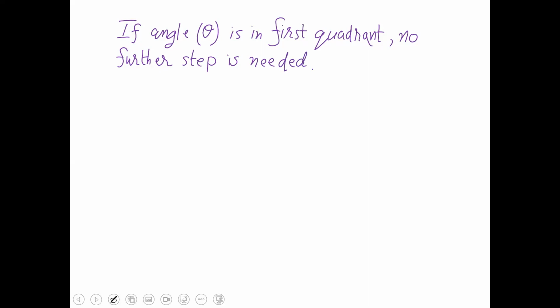If angle theta is in first quadrant, no further step is needed. Definitely it means that if the angle is not coming in the first quadrant, you have to adjust the angle.